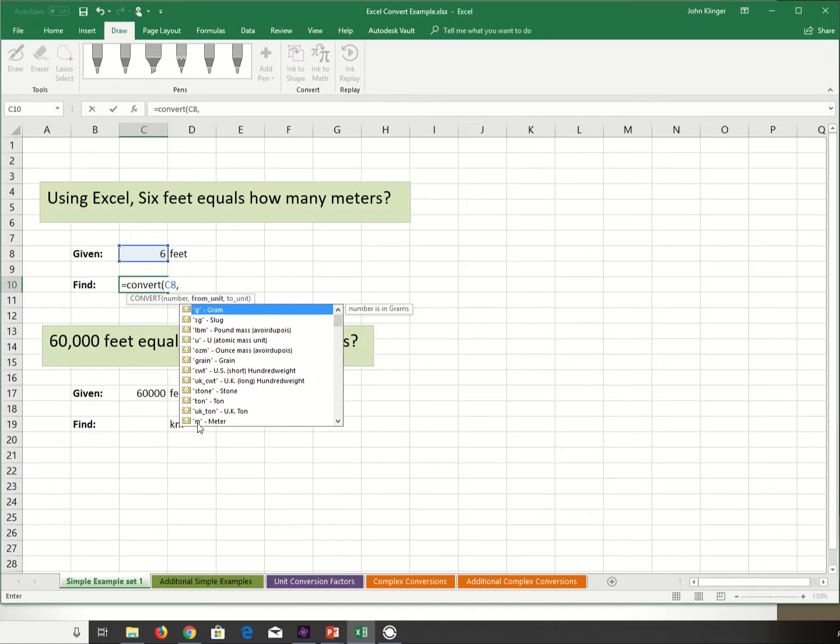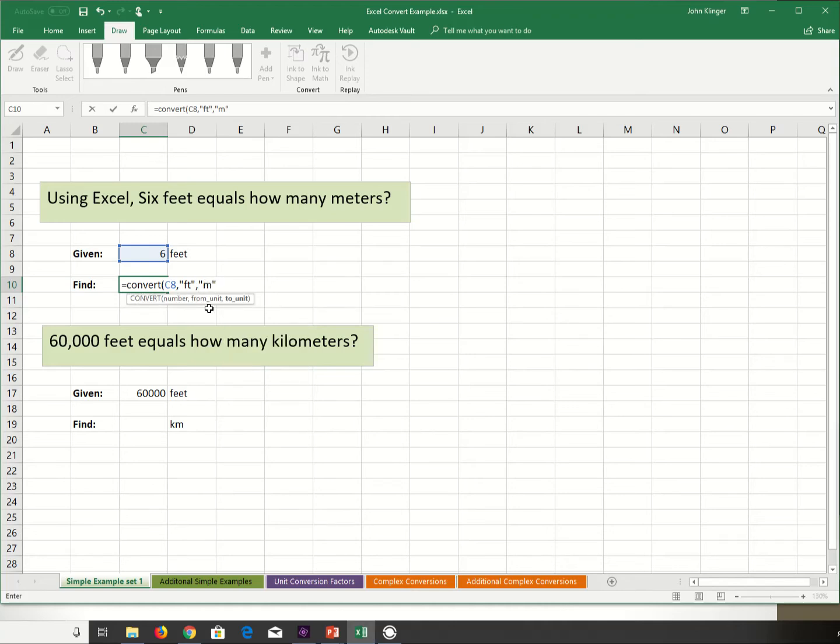It comes up with a list of different types of units. We put quotes, and we want to go from feet to, and then a comma. Once I did feet, all of the different types of length measurements come up, and I want to go from feet to meters. I can't forget to close the parentheses.